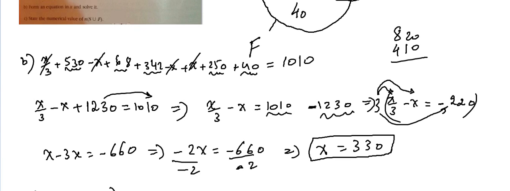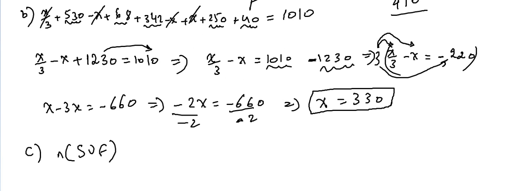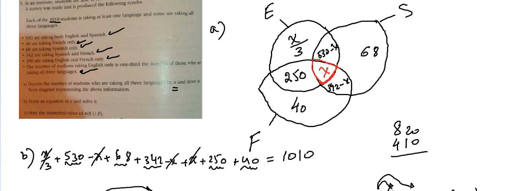S union F means students that are taking Spanish or French, the union, not the intersection. Let me make it in another color. Spanish and French over here also, all of those students. We can make it easier.